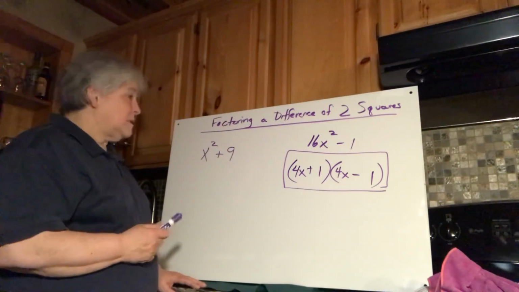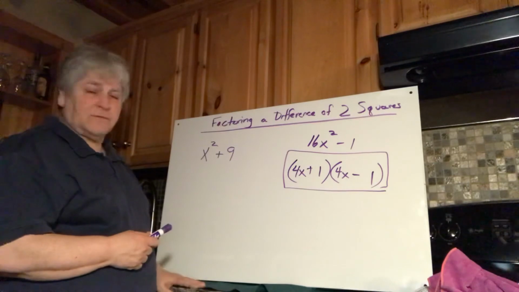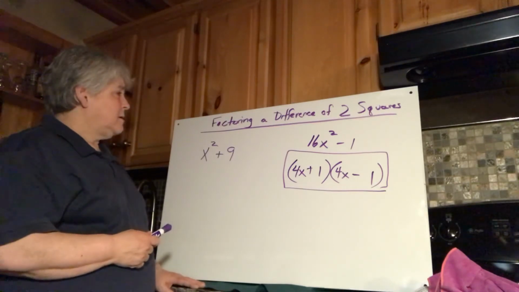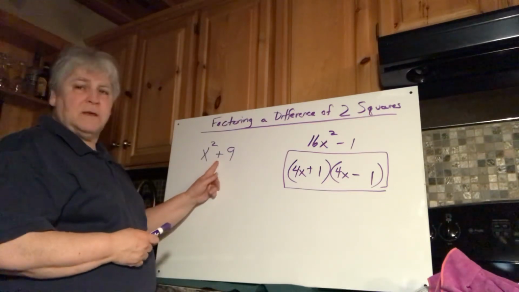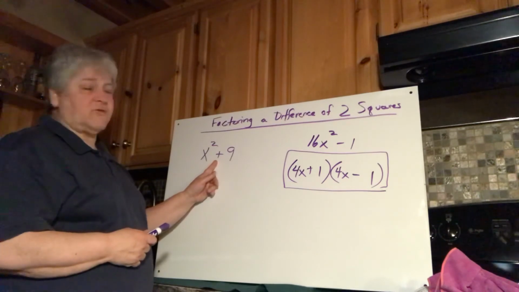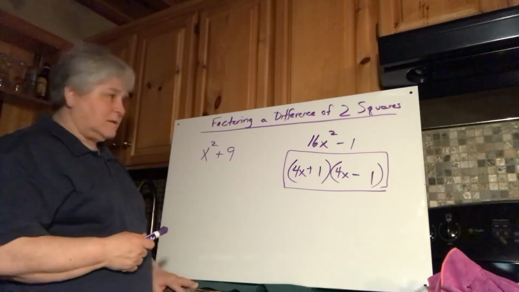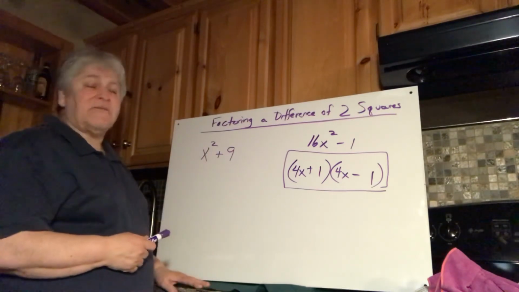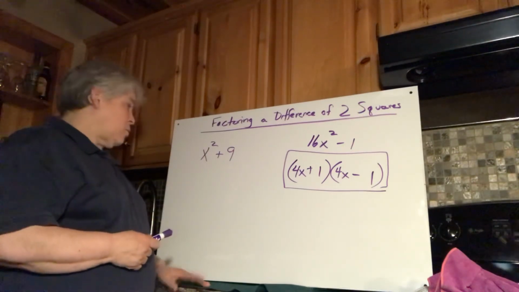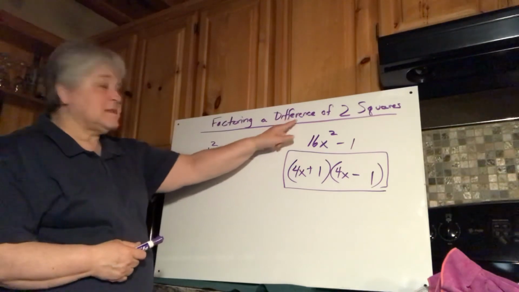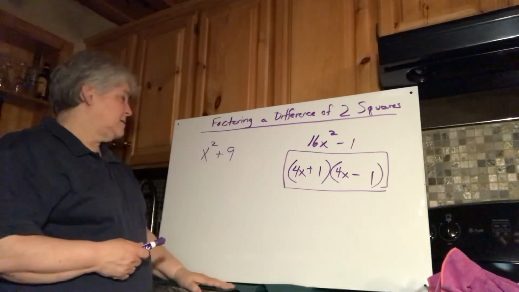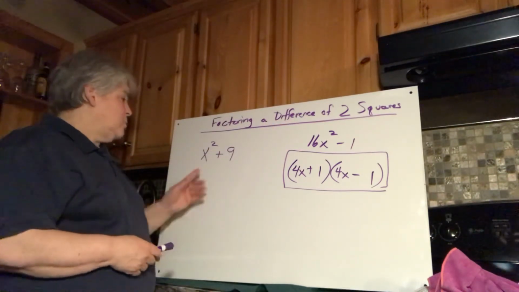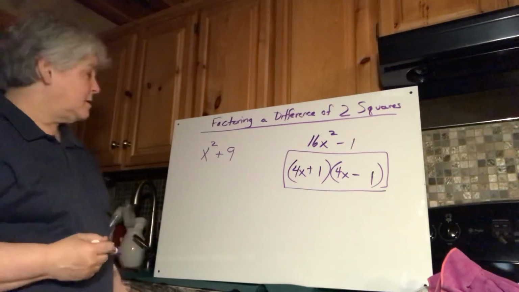Okay, so now let's see if this meets a difference of two squares. Is that a different sign? Difference means subtraction, remember. That is not a difference of two squares. So this cannot be factored according to this method, because it isn't even a difference. So we would say it does not factor.